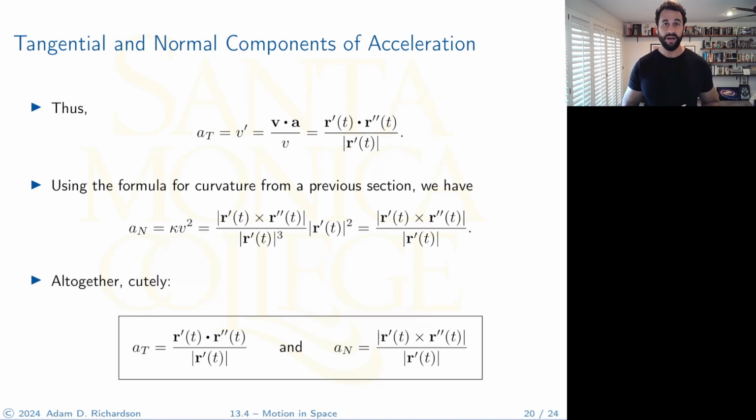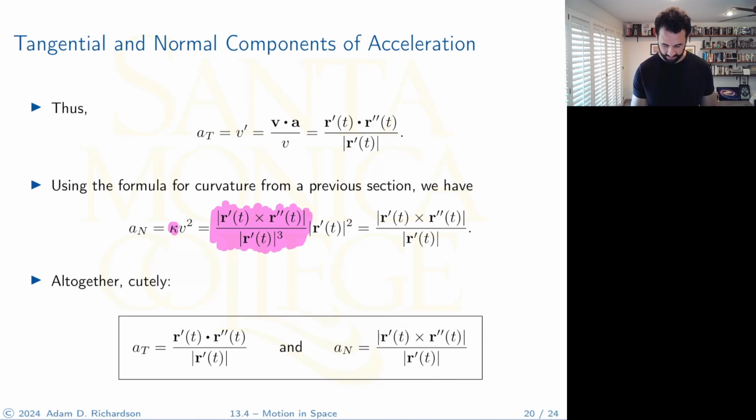All right, now let's find one for the normal component. If you remember, we went through and computed all these different formulas for curvature, right? Well, now we're going to use one right here. This is the formula for curvature, kappa, and you're welcome to refer back to section 13.3 to see.